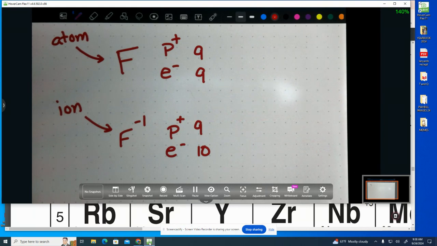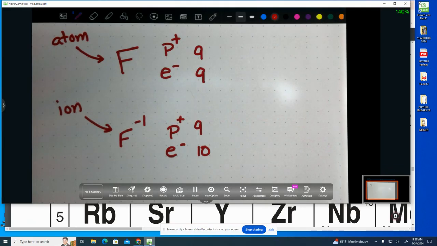Why do atoms form ions? What's their main goal? To have a full valence shell. That's their goal. Okay? Now the full valence shell can hold how many electrons max? 8.